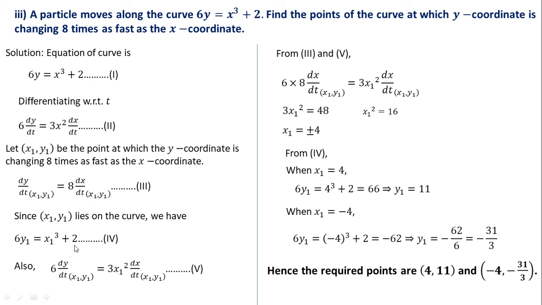Then by solving and simplifying we get the required points on the curve, where the y coordinate is changing 8 times as fast as the x coordinate. So these are 3 important questions on the concept derivative as a rate measure.